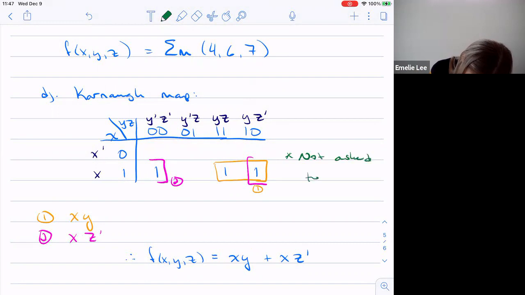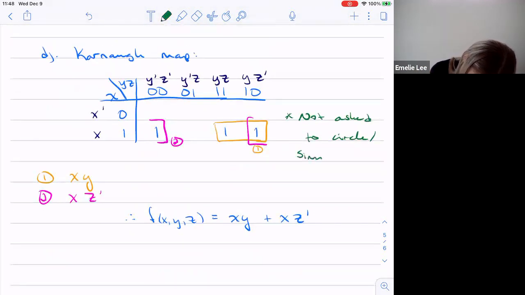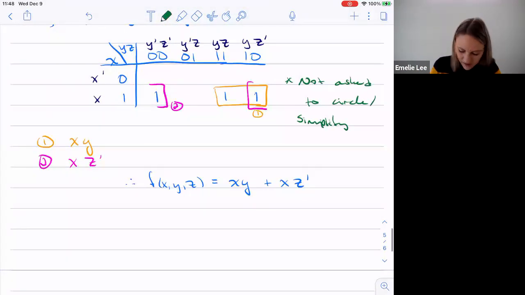Not asked to circle or simplify. But we're bad to the bone.